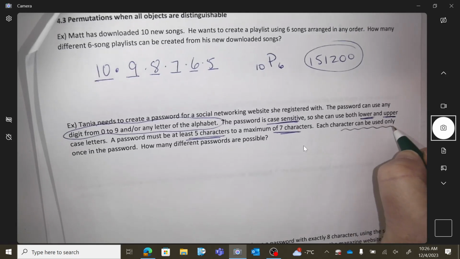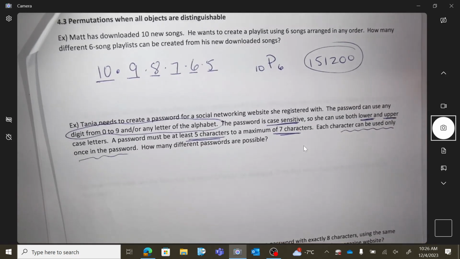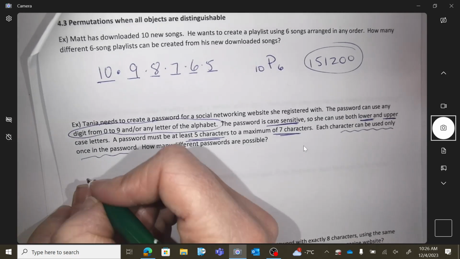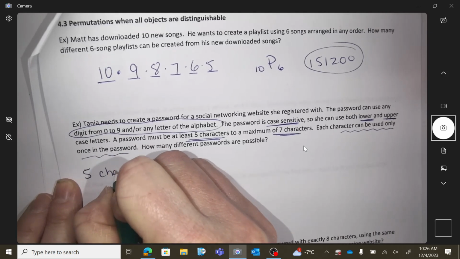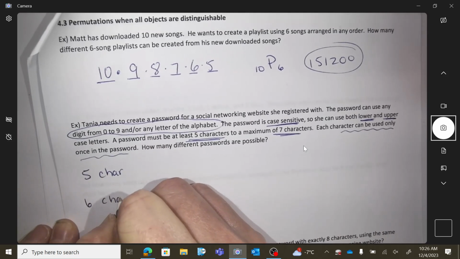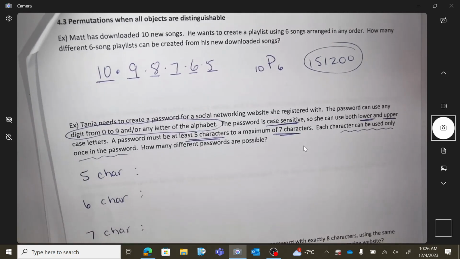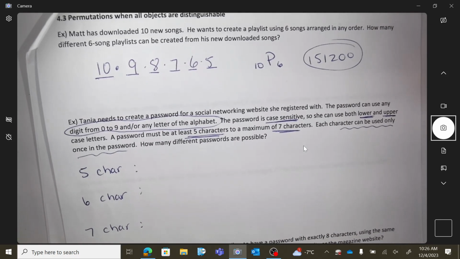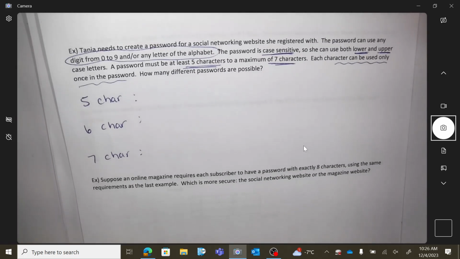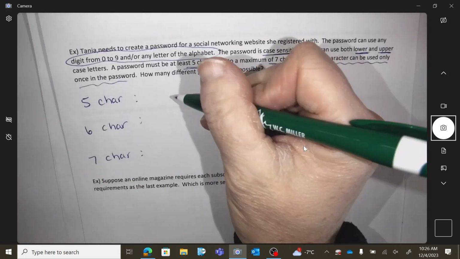Each character can be used only once in the password. How many different passwords are possible? Okay, so let's talk about the different scenarios. We can make a password that's 5 characters long, 6, or 7.